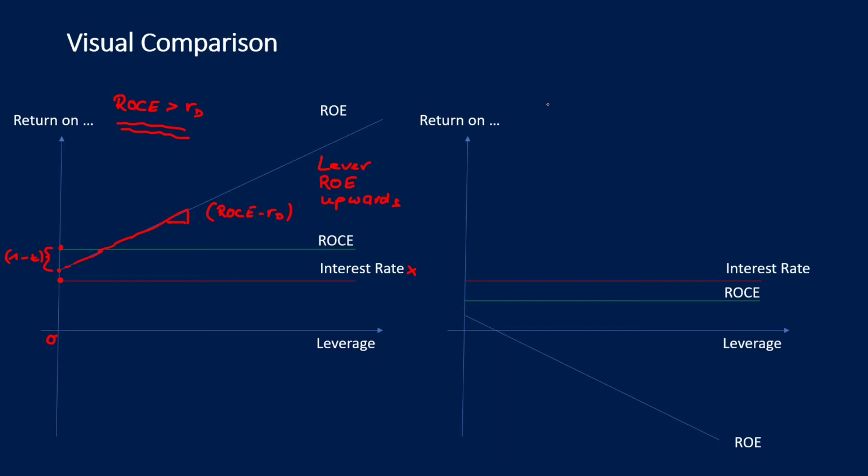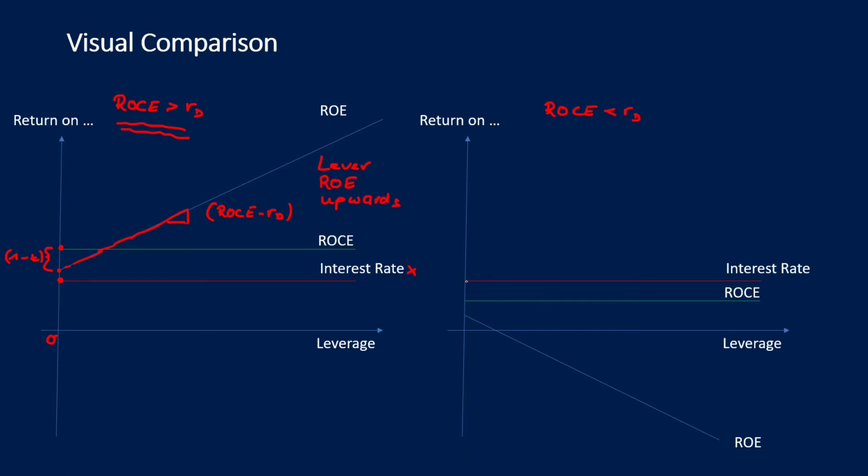If this is not the case, if the return on capital employed falls below the interest rate, and do we really have this in hand? So if just an economic downturn is coming, our ROCE might turn down, then the leverage goes into the different direction.